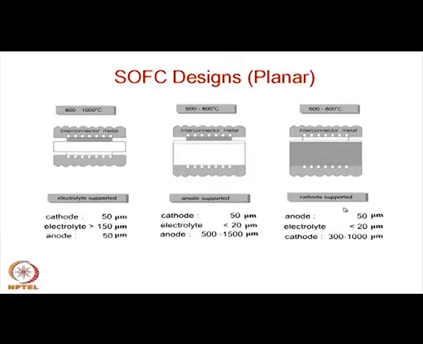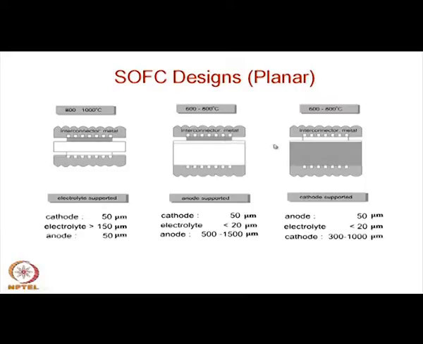The basic difference is the dimensions of the three layers. Here the electrolyte is much thicker, the white portion is the electrolyte. Here this is anode supported, so this white is actually anode, and this thin white layer is the electrolyte, and the other one is the cathode.